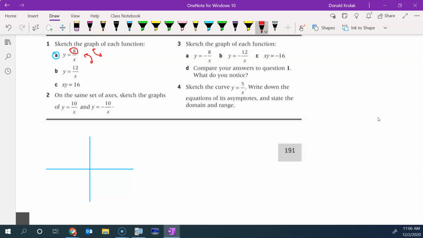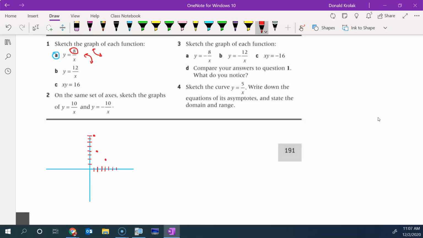So if I was just eyeballing this, I know that (1, 8) would have to be on the graph. I know that (2, 4) would have to be on the graph. I know that (4, 2) has to be on the graph.